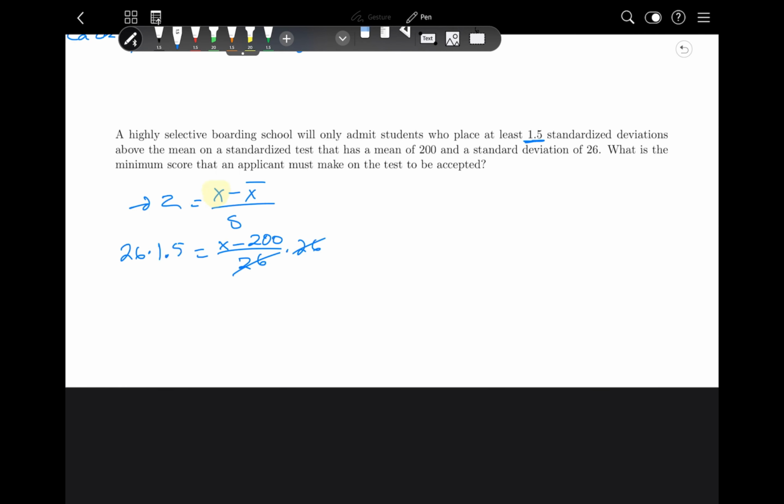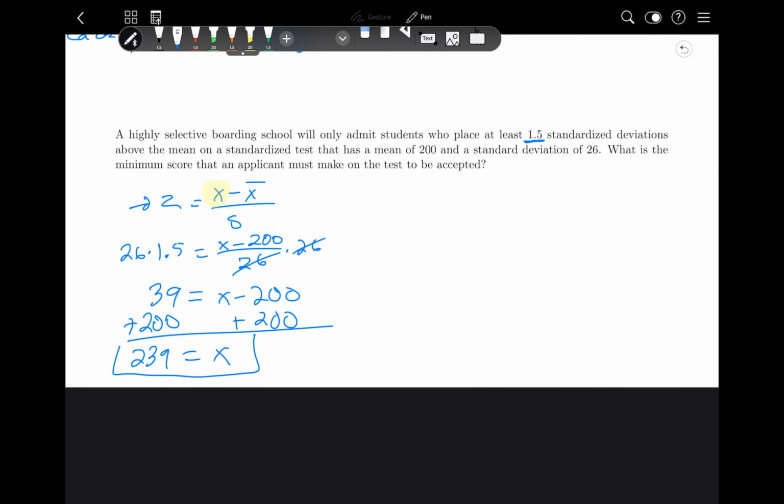So 1.5 times 26 is 39. And then we can add 200 to both sides, so we get 239 equals X. So in order to make it into this school, a student has to get at least 239 points on this test.